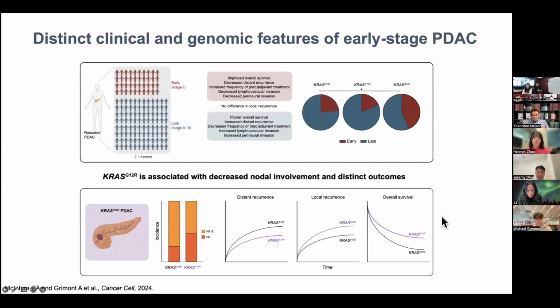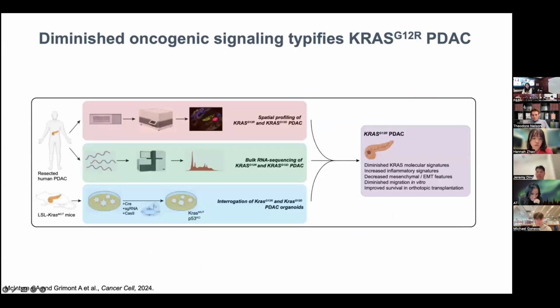And even in the clinical setting, this is one of the studies that we did in collaboration with another lab looking at early stage PDAC. Basically, a lot of your studies look like, hey, we have this interesting disease that we want to study. You can do bulk RNA sequencing on a large cohort. You can do tumor organoids. But now we're starting to add spatial profiling as well.